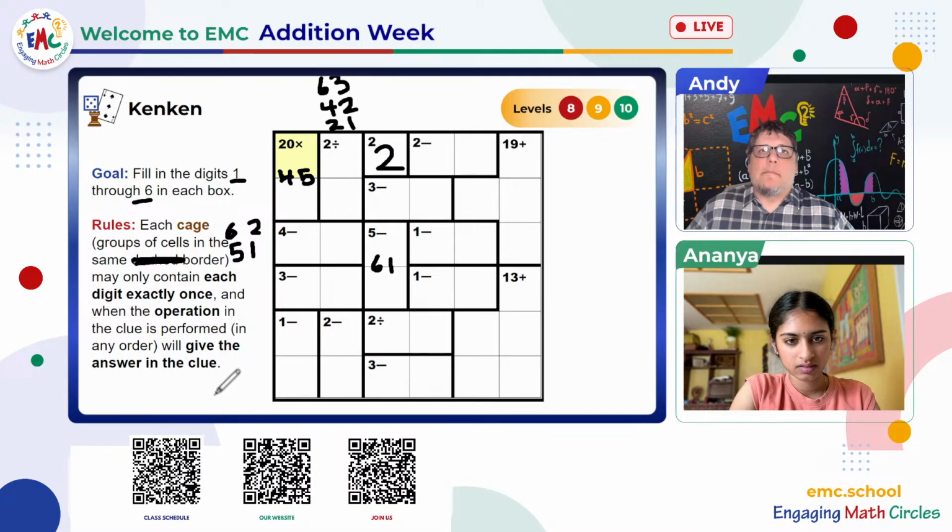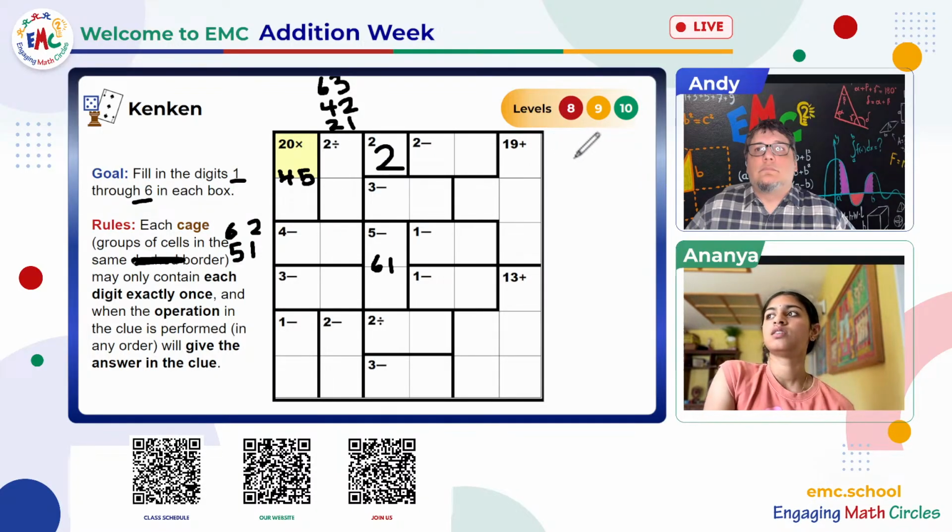Maybe we should look at this sum. The whole thing adds up to 19. Okay. 6 plus 3 is 9.